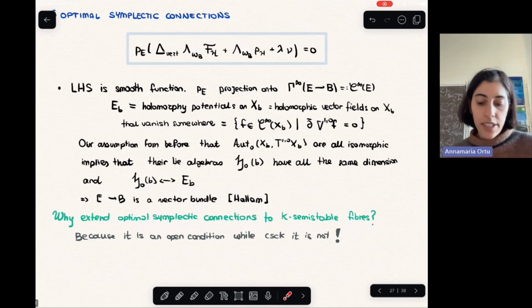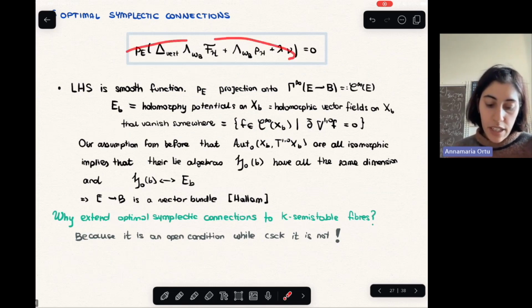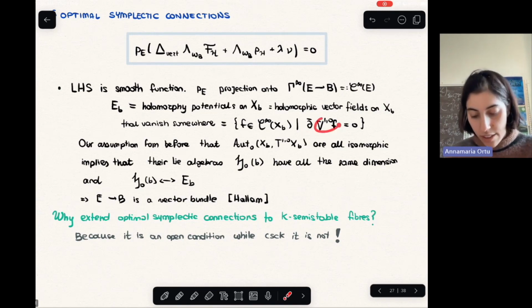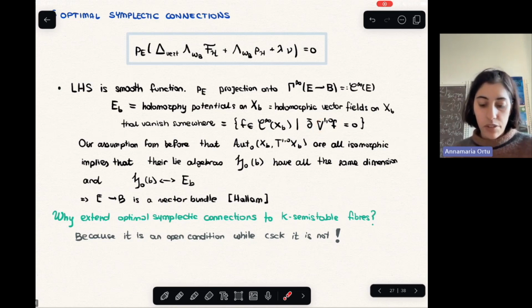So this left-hand side is a smooth function, and this P_E is the projection onto global sections of a vector bundle associated to X, which are holomorphic potentials, or if you prefer, holomorphic vector fields on the fibers that vanish somewhere and can be written using some smooth function as the del bar gradient of some function.